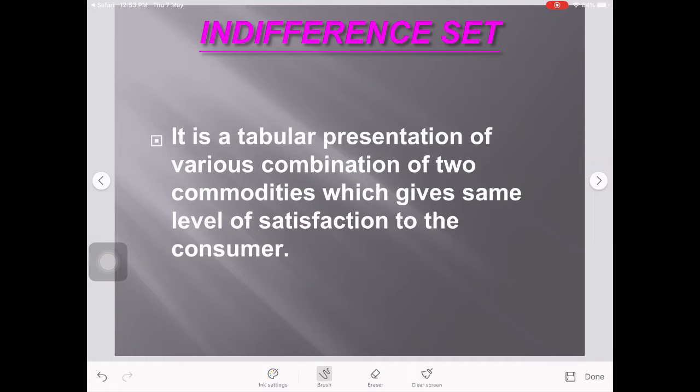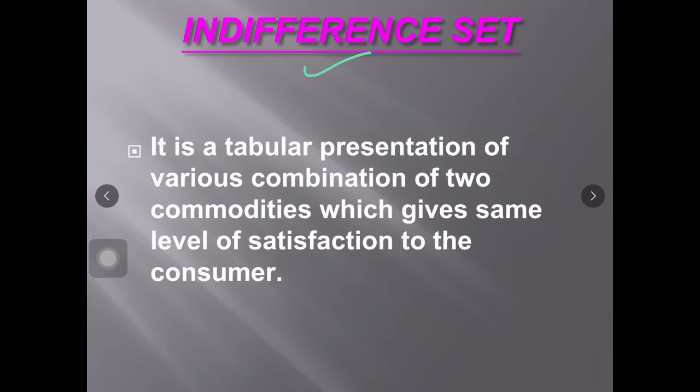Another related concept is indifference set. Indifference set is a tabular presentation. There, indifference curve was a graphical presentation. Here it is a tabular presentation of various combinations of two commodities, which also give the same level of satisfaction to the consumer.